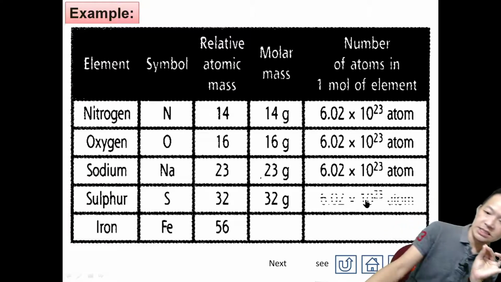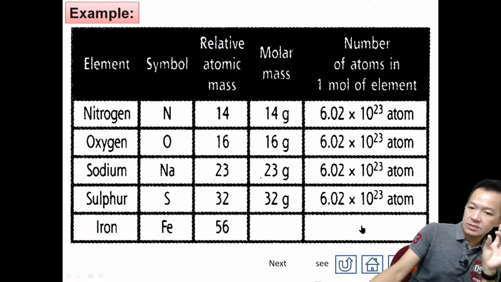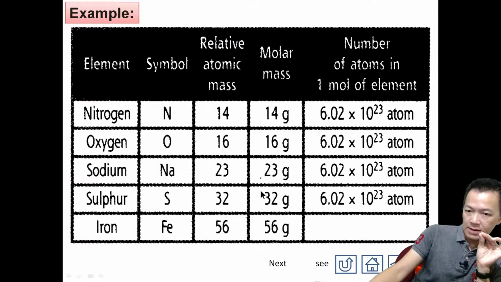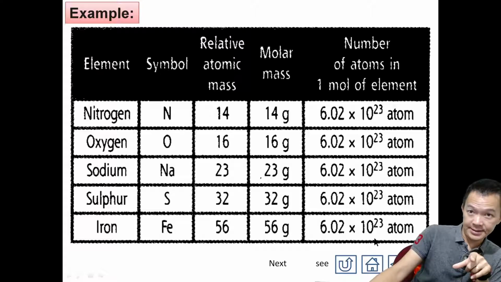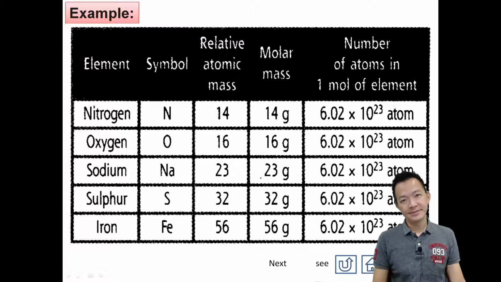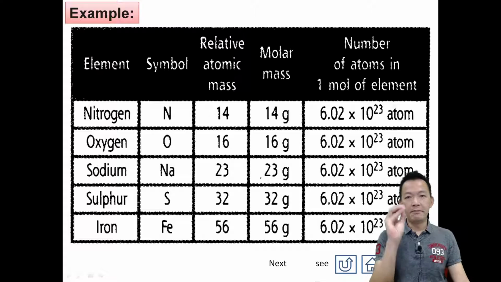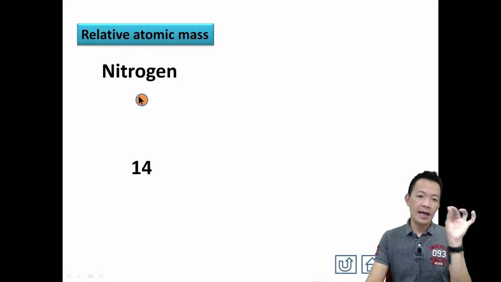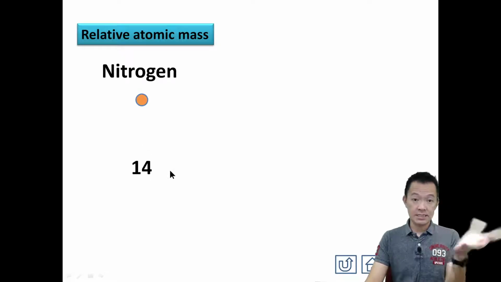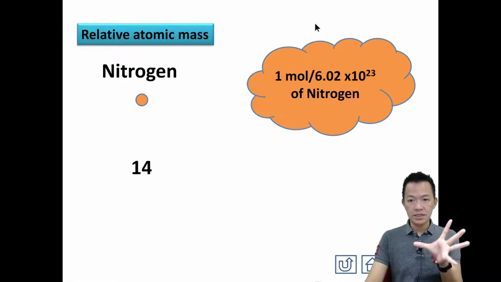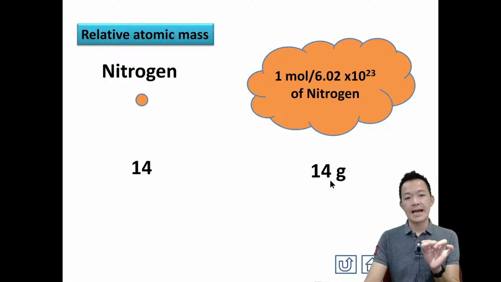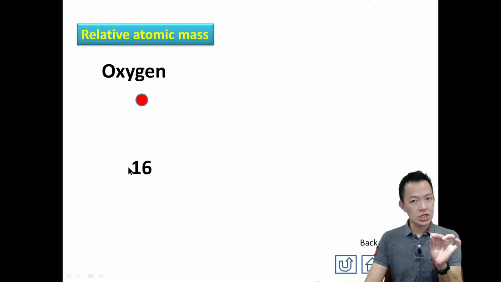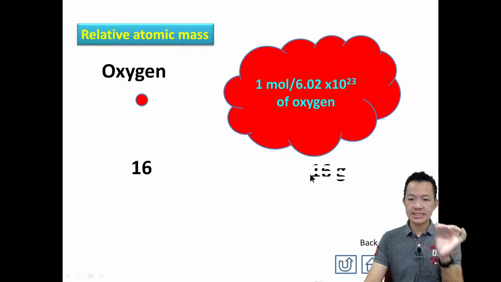Iron, 1 atom 56, 1 mole 56 gram. 1 mole 多少粒？自己看。所以这种叫 mole and the mass, molar mass.